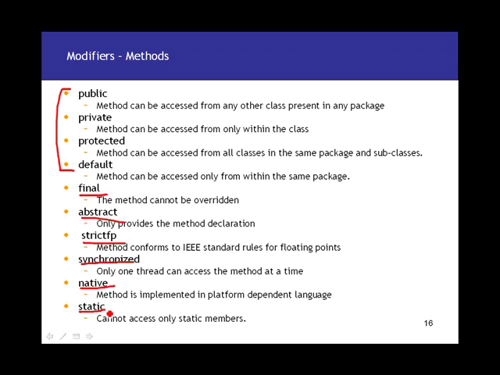You can't have a combination of these. Let's say for example the access modifier is public, and you have non-access modifiers strictfp and final. So for a class, you say public strictfp final class name, right?